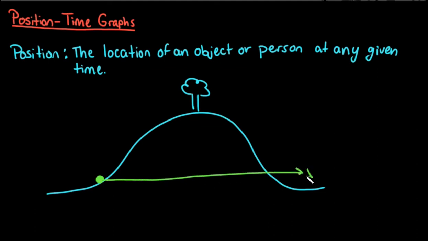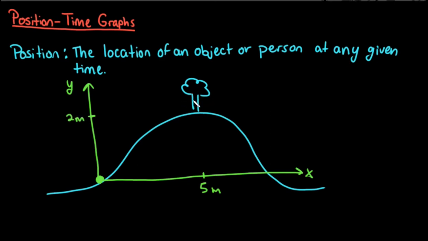We would have the x direction, right? How far it is to the right, and the y direction, how high up it is. So our position depends on two axes, essentially. We have our x, which, let's say, is 5 meters, and then let's say that the height of this hill is 2 meters.